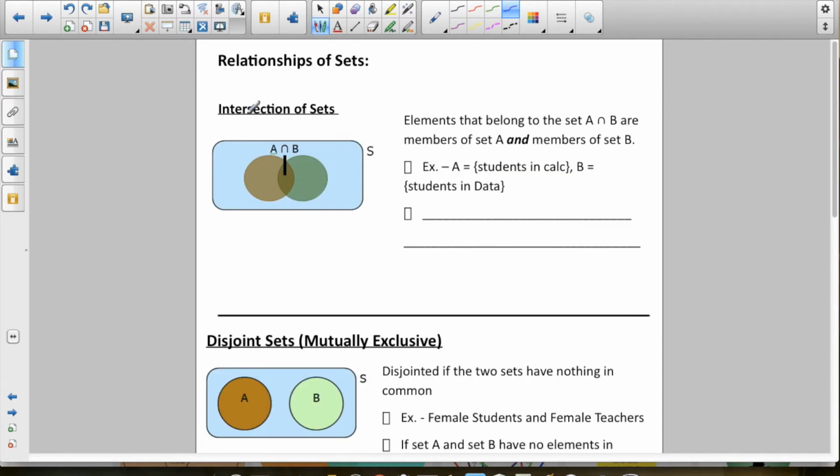So here's the intersection of sets. Let's say I want the elements that belong to set A and B, the members of both sets. So for example, set A is the students in calc, and set B is the students in data. So you do have some intersections between the number of students taking calc and also data.